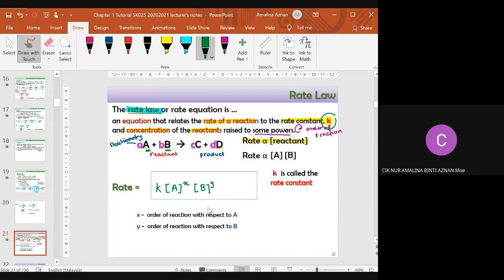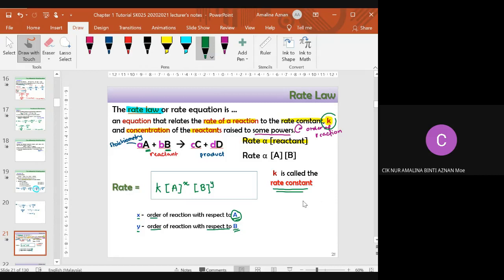So what is x? x is the order with respect to the concentration of species A, reactant A. And y is the order of the reaction with respect to species B. And k is the rate constant.